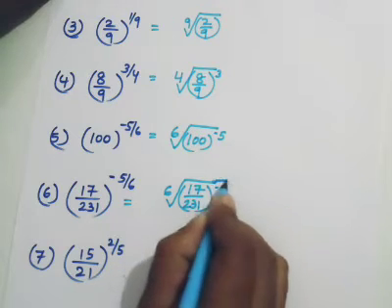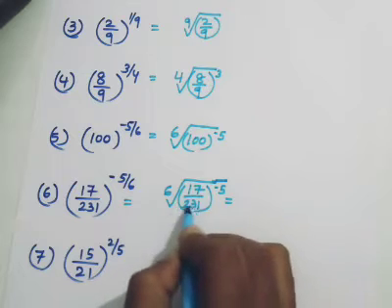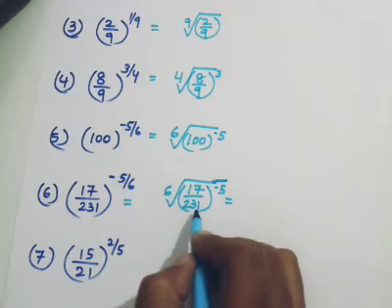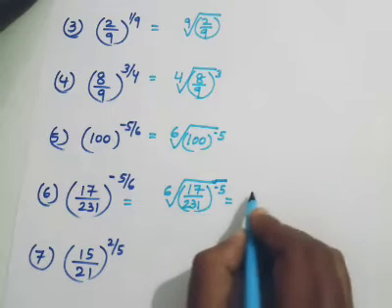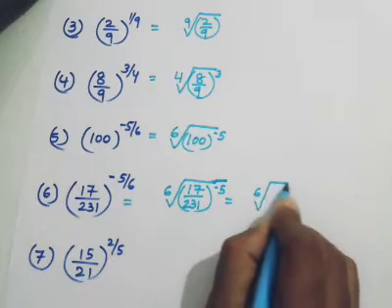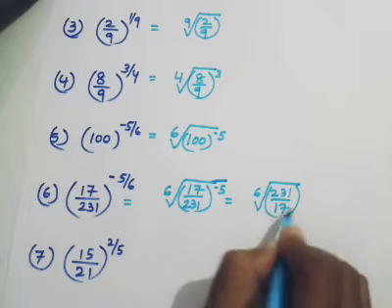If you want to remove this minus 5, you can simply change the denominator to numerator and numerator to denominator. We have the law that a to the power minus r will be equal to 1 by a to the power r, and I have already explained this. So this can be written as 6th root of 231 by 17 to the power 5.